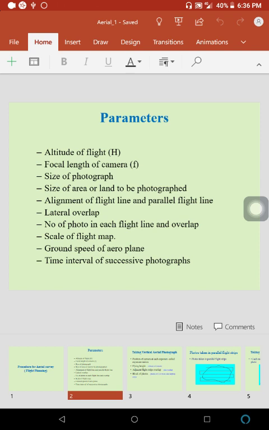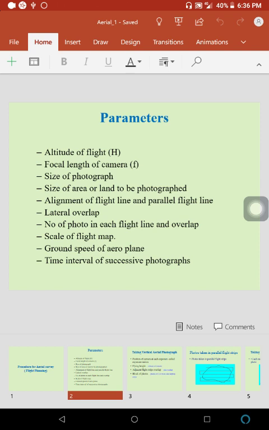Then the number of photos in each flight line and overlap, scale of the flight map, ground speed of the aeroplane. You know that the speed of the aeroplane with respect to the ground is called ground speed, and the speed of the aircraft in air is called air speed. So what is the difference between the ground speed and air speed?